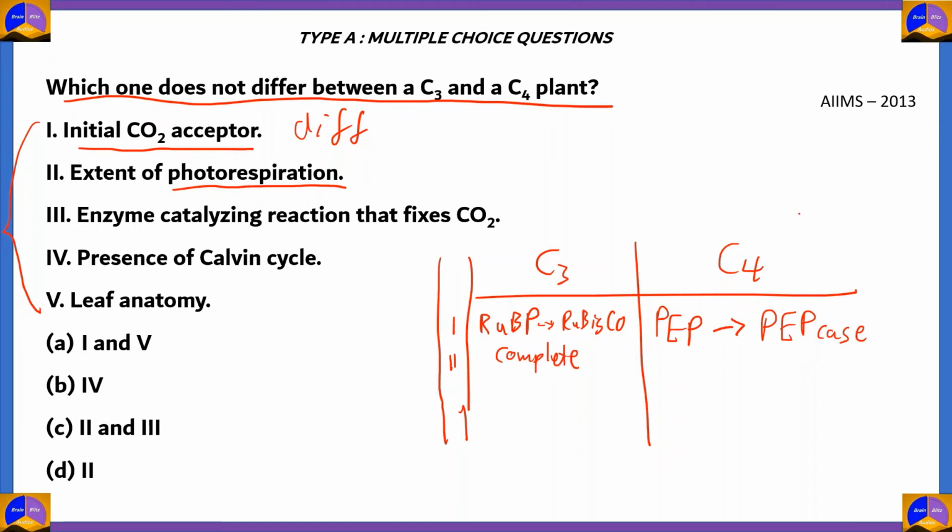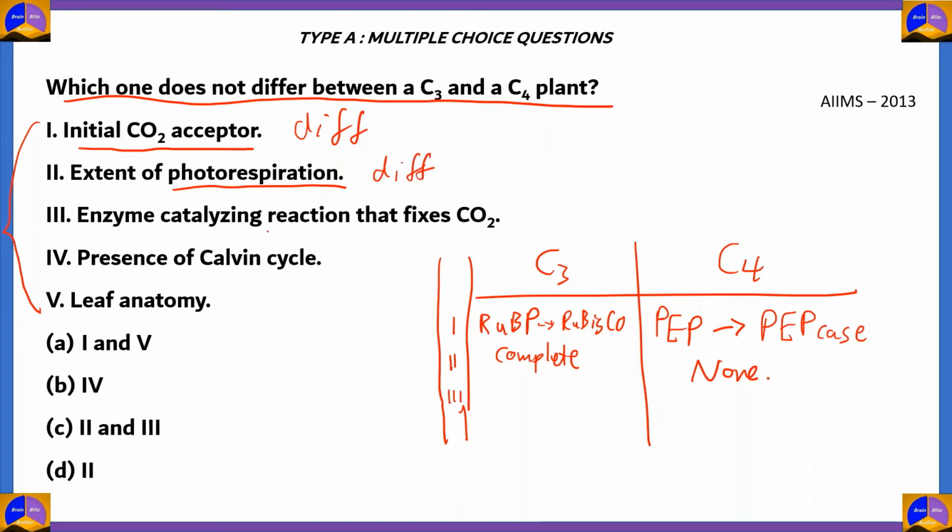However, in C4 plants, due to the special leaf anatomy known as Kranz anatomy, PEPcase is used to initially fix the carbon dioxide, and then it's converted into an acid, and that acid is put into the bundle sheath cells, where in the absence of oxygen, the actual C3 cycle takes place. So therefore, photorespiration is 0, none, nada. So there is no photorespiration present in C4 plants. So the extent of photorespiration is also different.